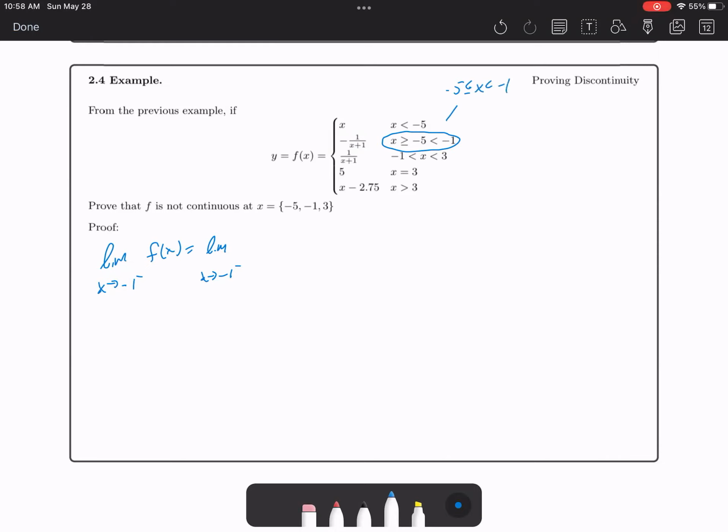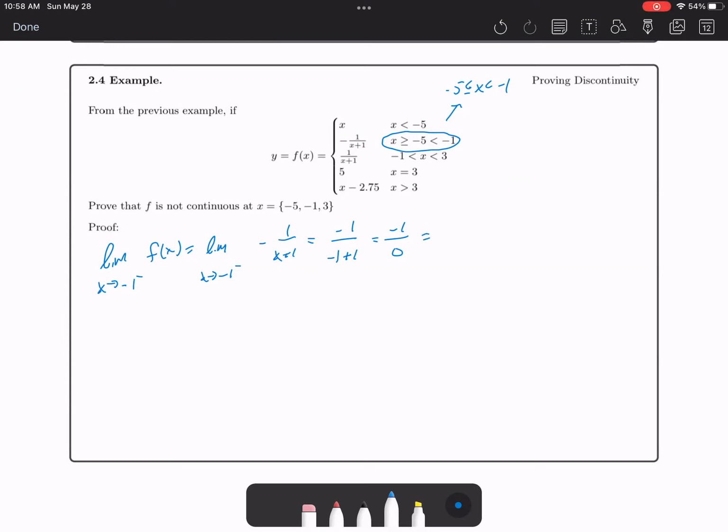So on the left side of -1, you are the -1 over x plus 1 function. And direct substitution, if you plug in -1 there, you get -1 over -1 plus 1. That gives you a -1 over 0. That is not well defined. We have a vertical asymptote there.